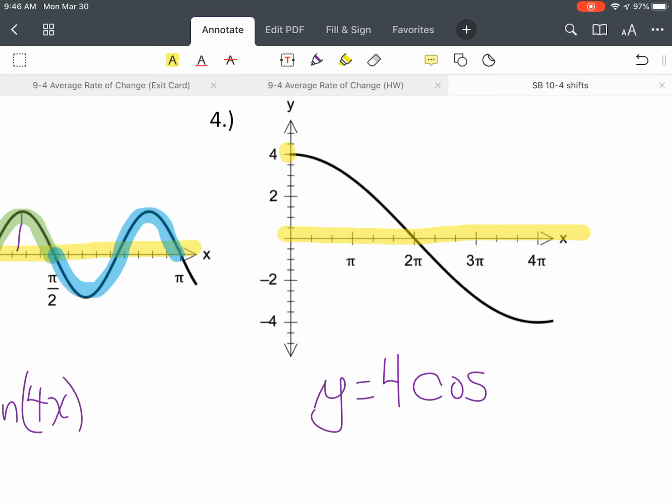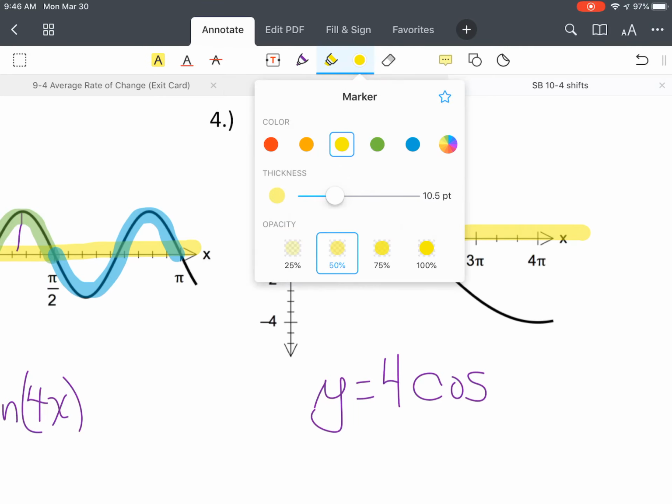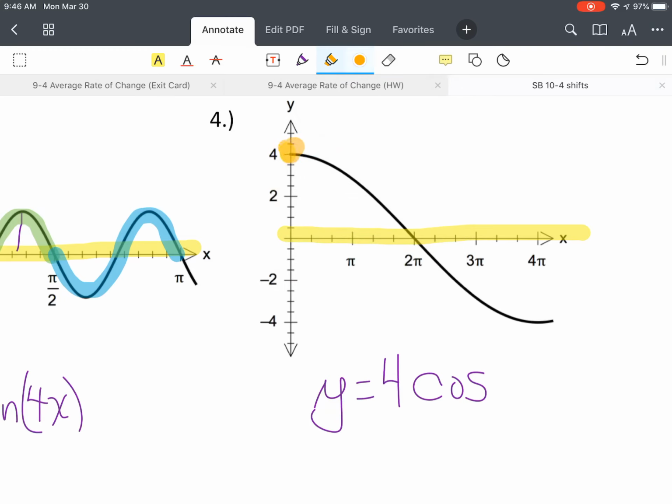So here we go. You can see it's half a cycle. Here's my 1st dot, my 2nd dot, and my 3rd dot up to 4 pi. If I were to finish this graph, I'm not going to have enough room here on my iPad, but it would go like that.